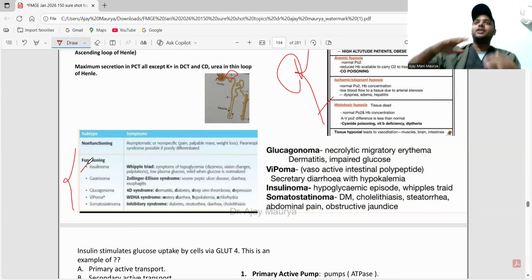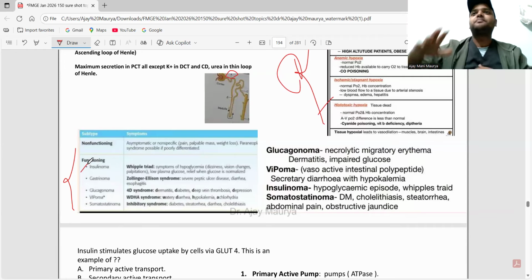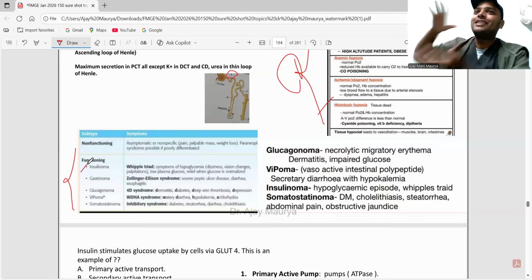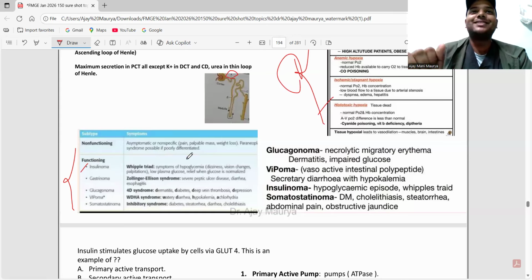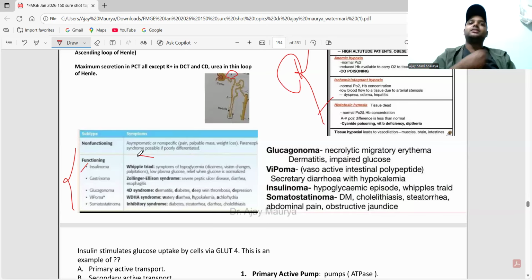If there is a cancer in the beta cells, more and more insulin will be released. Then it will decrease the blood glucose level, and the patient will go into hypoglycemia. Hypoglycemia, low plasma glucose, and this is called the Whipple triad. We will see hypoglycemia in the case of insulinoma.